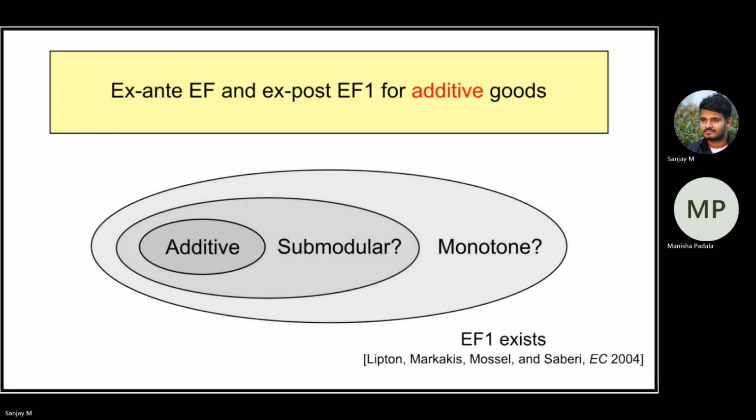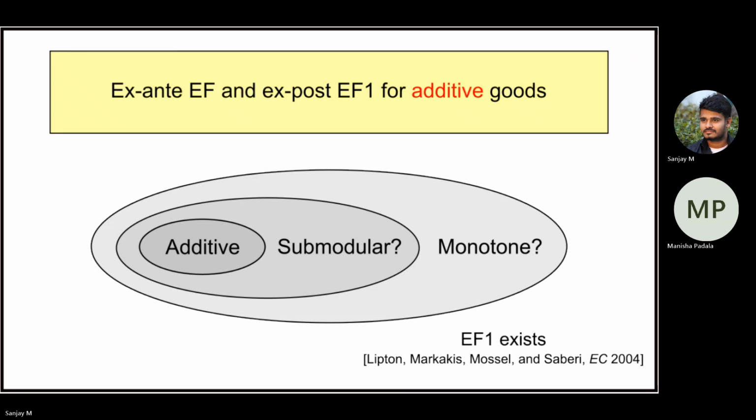What we know, even for this biggest class of valuations, monotone, is that an EF1 allocation always exists. In fact, you can also find such an allocation using a polynomial number of valuation queries. So even for the biggest class, we have ex-post EF1.